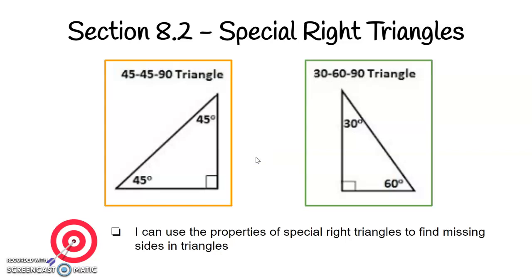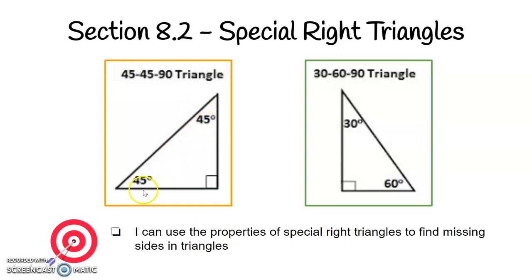All right, our goal for today is going to be exploring two very special right triangles. The one in the orange box is what we noticed when we had our warm-up this morning. This is the one where we have two legs that will be the same length. And again, we know the two legs are the same length because remember last week when we talked about the largest side being across from the largest angle and the smallest side being across from the smallest angle?